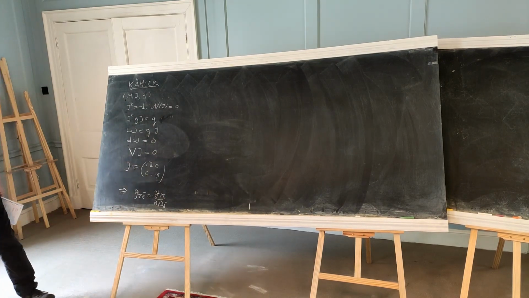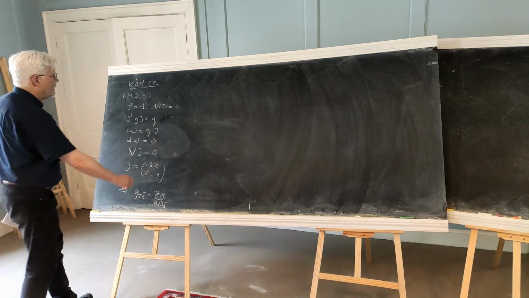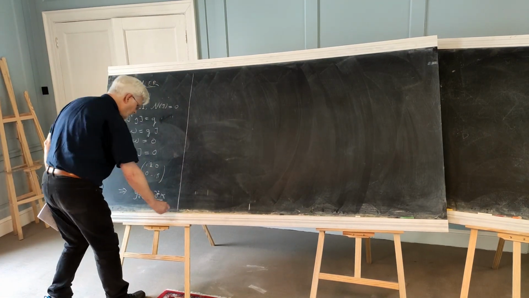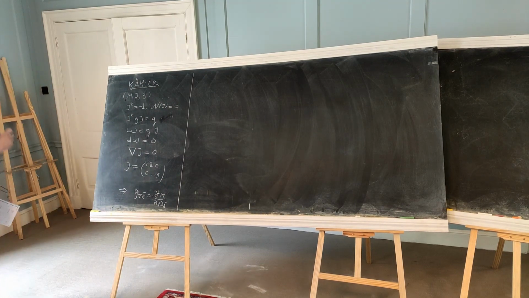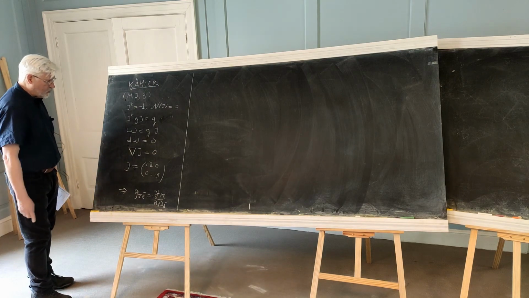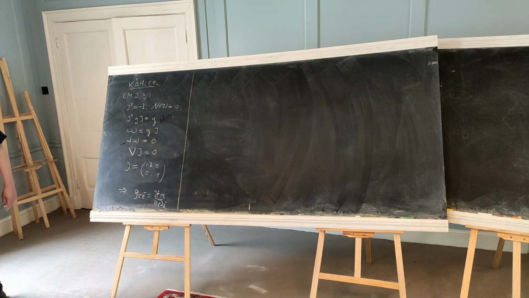So there's a potential for the metric, and this whole story defines the Kähler geometry. In fact, it's a little bit over-constrained? No, it's not over-constrained, but not all of these are independent. These two you can play with. But this is a good way of thinking about the Kähler geometry.